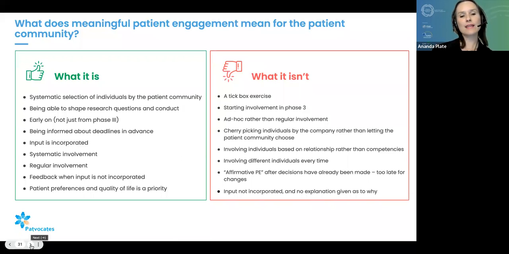And then obviously involving patients or engaging them when those decisions have been made already and you're actually only signing off what has already been decided. Well, when that feedback has been given and it hasn't been incorporated, and then there's no explanation as to why that has happened. Next slide.